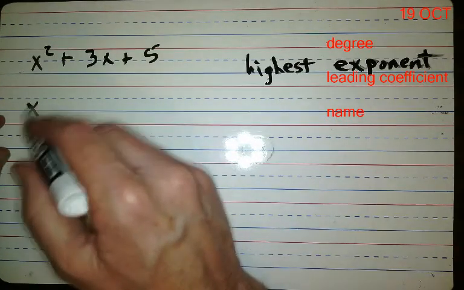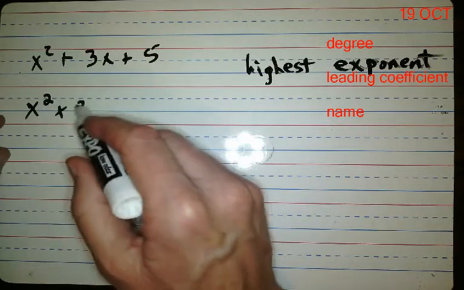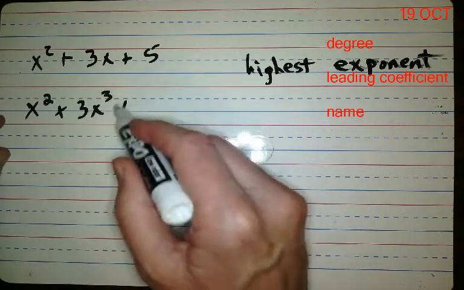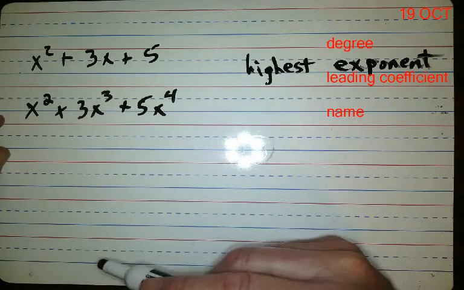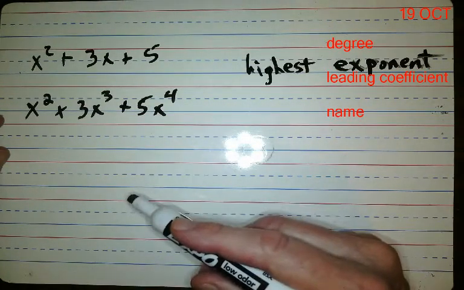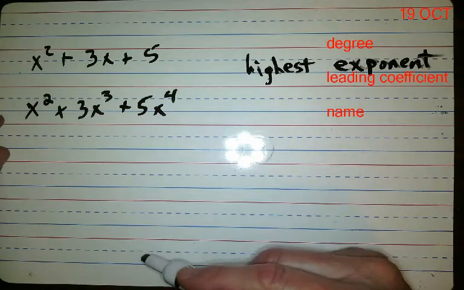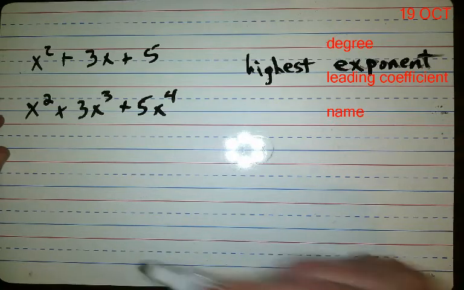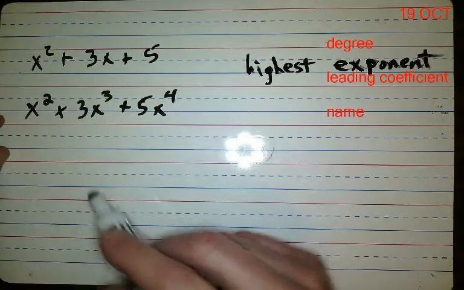If it was like this, x squared plus 3x to the third plus 5x to the fourth, the highest exponent there is 4. So this one is degree 4. It's just the highest exponent. Degree just means highest exponent.